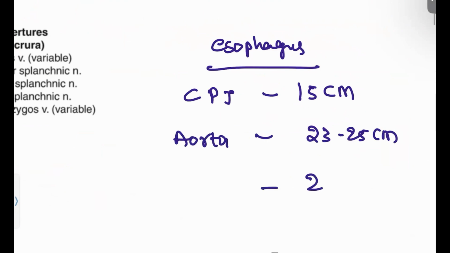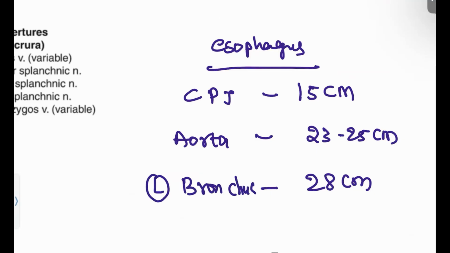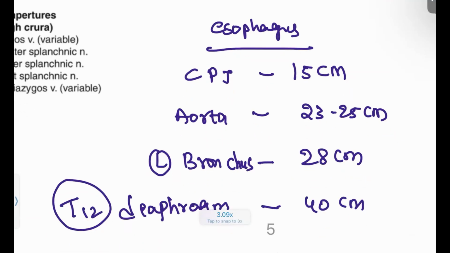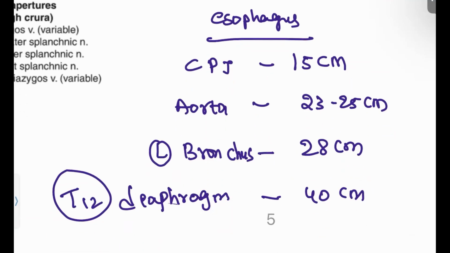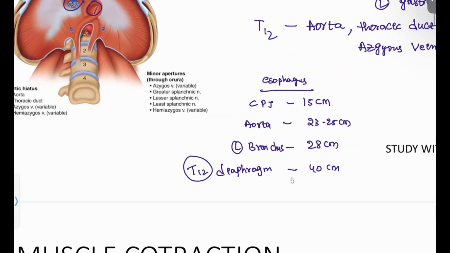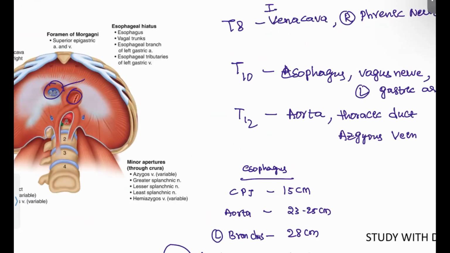Next, at 28 centimeters, this is your left bronchus. And at 40 centimeters, that is the diaphragm, at your T12, right? These are the esophagus constriction points. One point that you have to remember: both are asked in previous year papers itself.